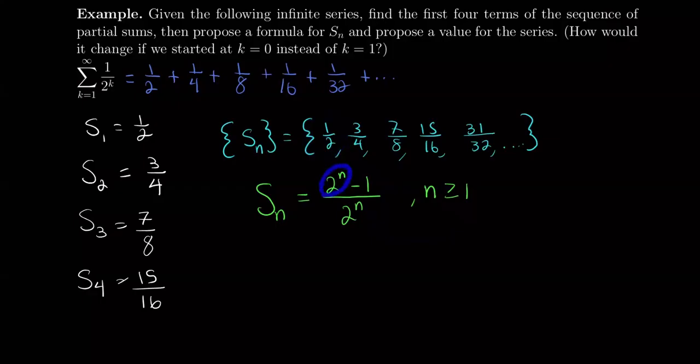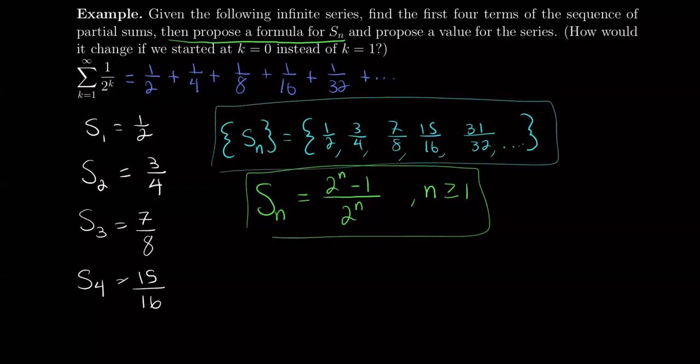So 2 to the 1 minus 1 is definitely 1 on top, and 2 to the 1 is 2 on bottom. Okay, so we are good. That is my formula. I can circle that because that was the formula for the sequence of partial sums. If you'd like, I can also circle this one because that was the first few terms of the sequence of partial sums.